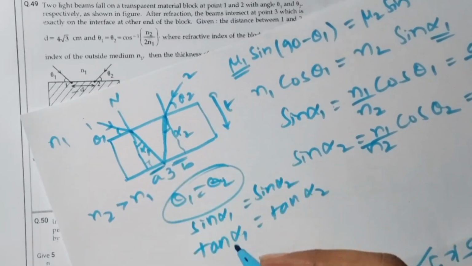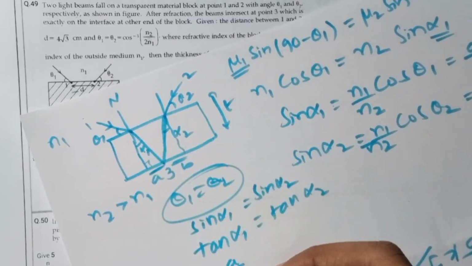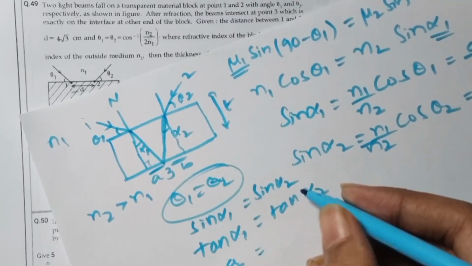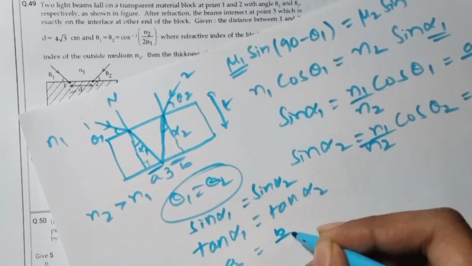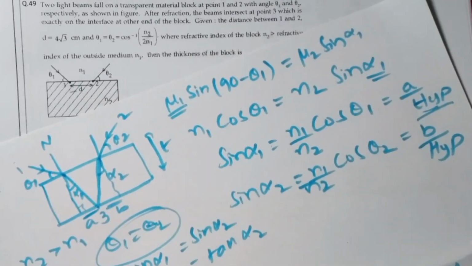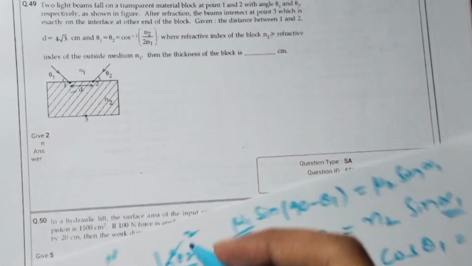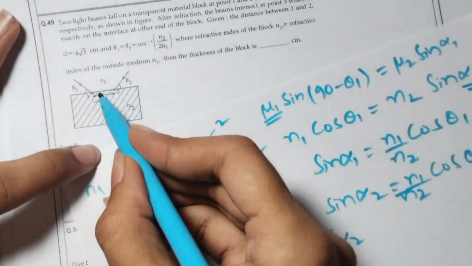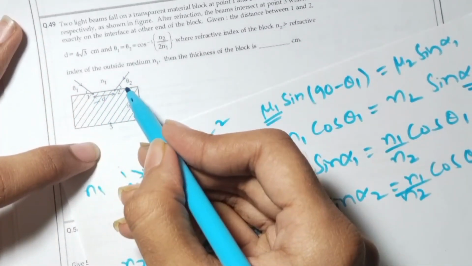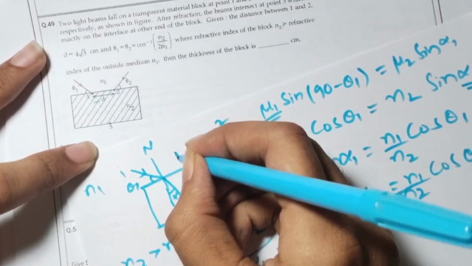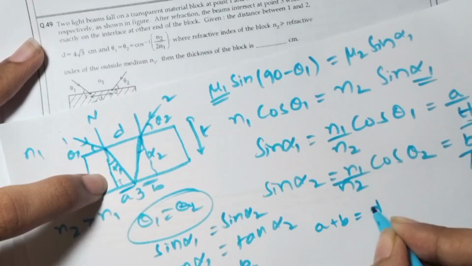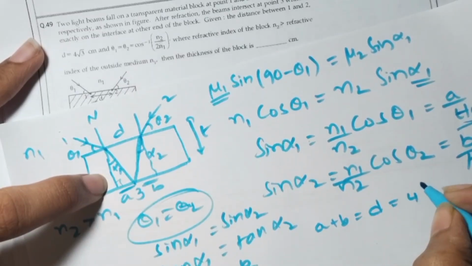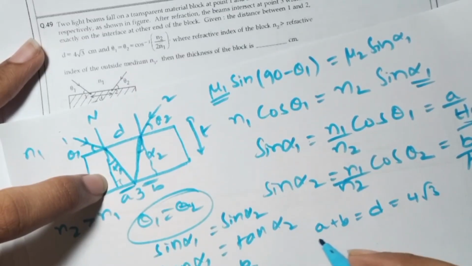What is tan alpha 1? A by the thickness of the slab, A by T. And tan alpha 2 is B by the thickness of the slab. It was given in the question that the distance between points 1 and 2 is D. So A plus B equals D, which is 4 root 3 centimeters.